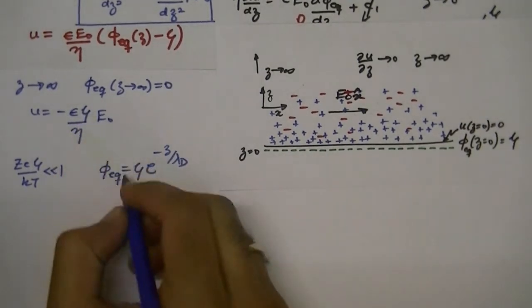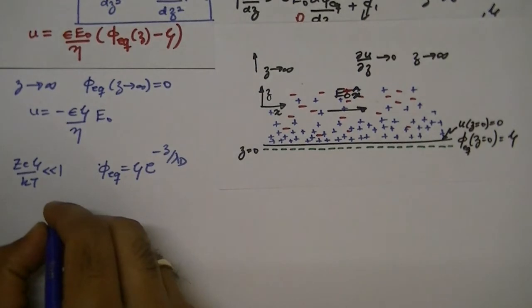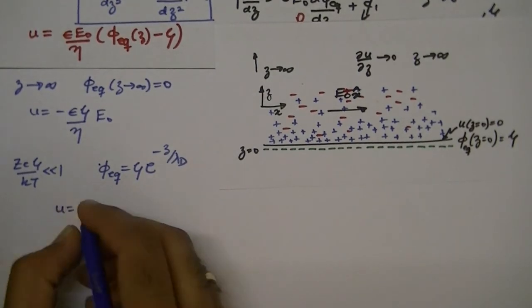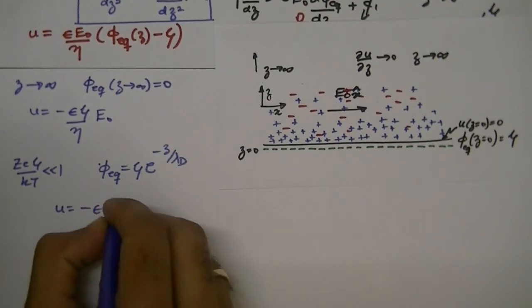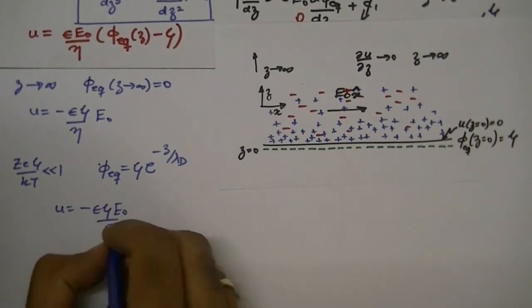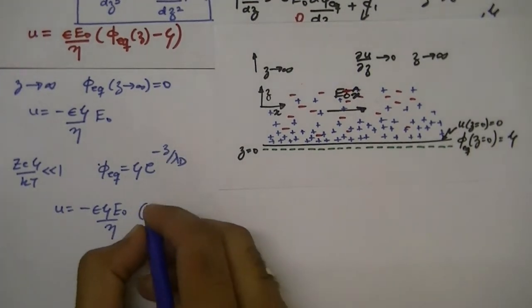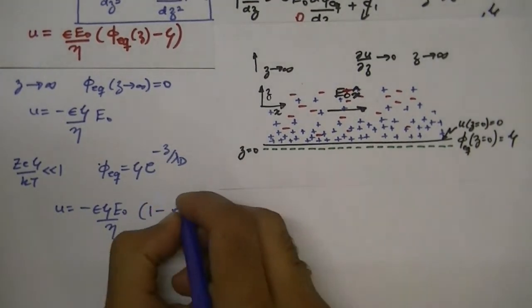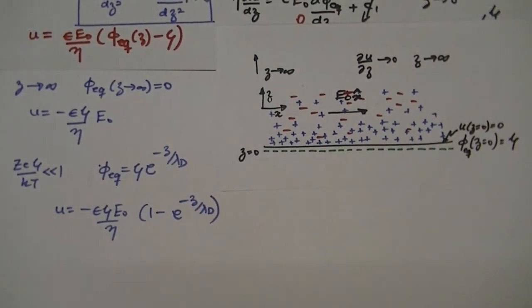Now if you plug this expression into the solution for the velocity profile, we have u is minus epsilon zeta E naught over eta times 1 minus e to the power minus z over lambda D.